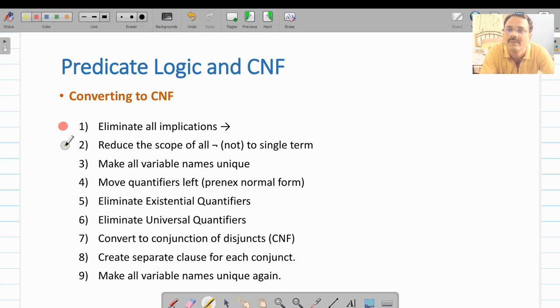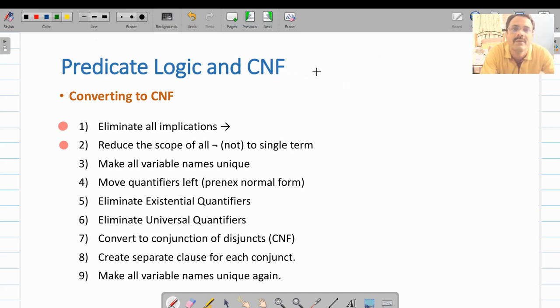After that, step number 2 applies. In step 2, you have to replace those not operators, if their scope covers more than one predicate, with a single predicate. That means reducing the scope of the not operator. To do this, we use De Morgan's laws. There are various possibilities.